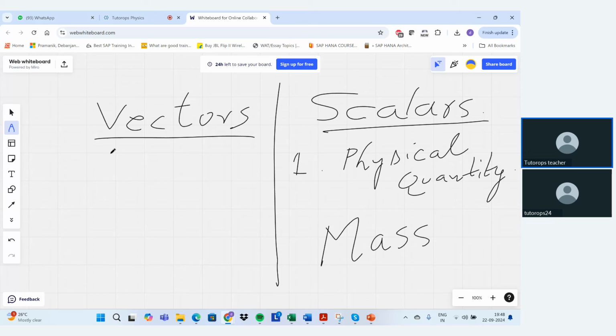Fine. Whereas in a vector, there will be two things. One is the same as the scalar part, so let me highlight it: there will be the physical quantity here itself. Number one is the same as the scalar part. But on the other side, it also has a direction.